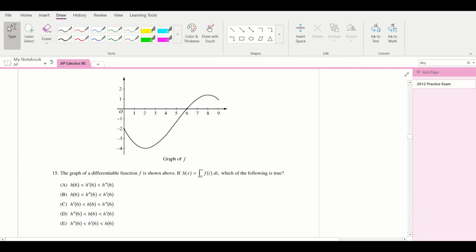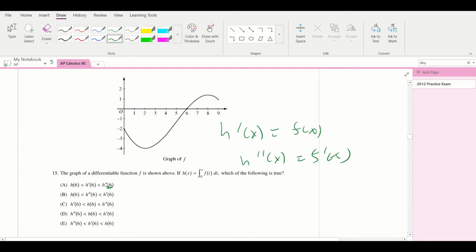So we have h of x, then we have all of these values here, so we can just calculate them ourselves. So h prime of x is just f of x, right? So this graph is f, and h double prime of x is just f prime of x.